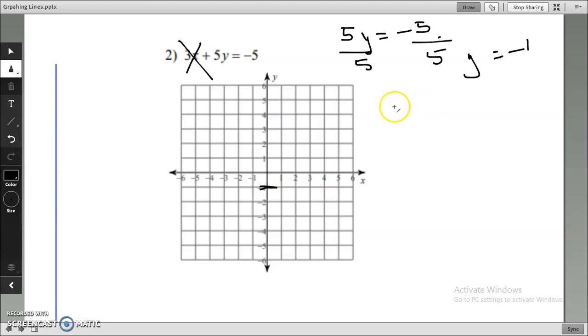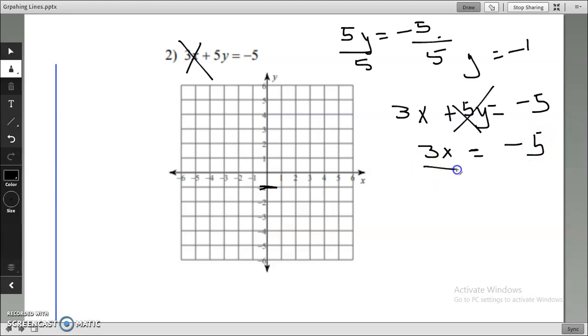All right, the next one, I'm going to get rid of my y this time because I want my x-intercept. So I get 3x equals negative 5. And I divide by 3 on both sides. And I get x is equal to negative 5/3.